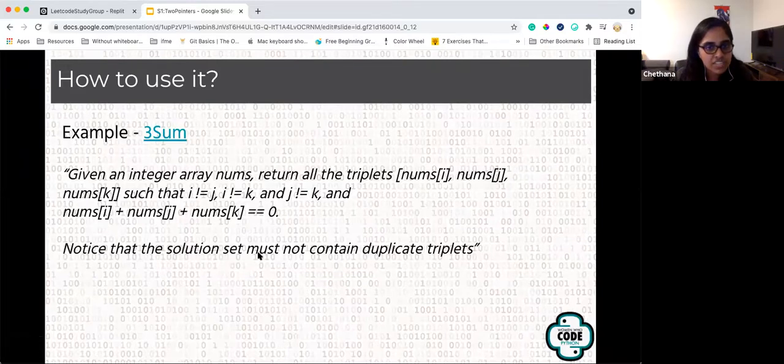Notice that the solution set must not contain duplicate triplets. That makes it difficult, right? It was difficult to me the first time I saw it, so we need to make sure that we do not include duplicate triplets within the whole result set of triplets.